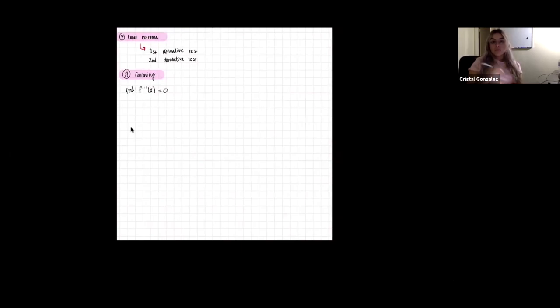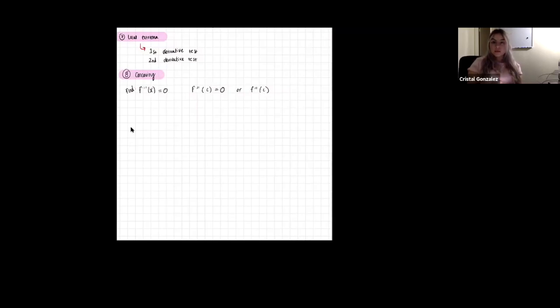and then you set it equal to 0. The values where it's set equal to 0, or where f double prime of c does not exist, are going to be points of inflection, but you still have to test them because it doesn't always change concavity there.